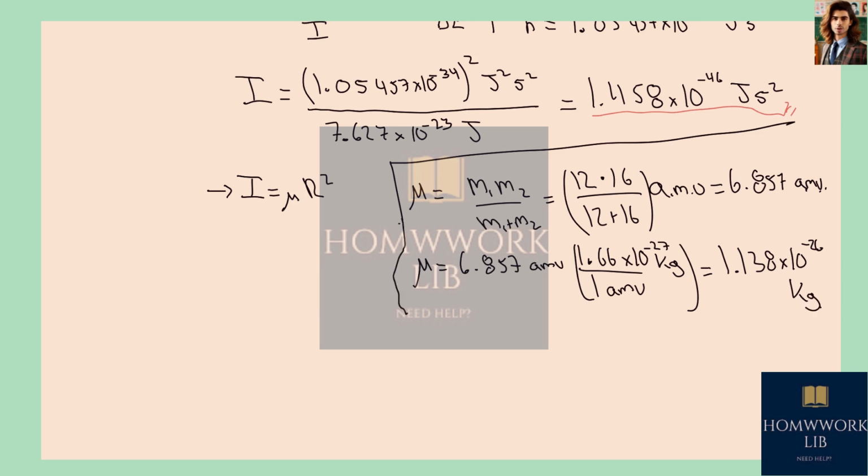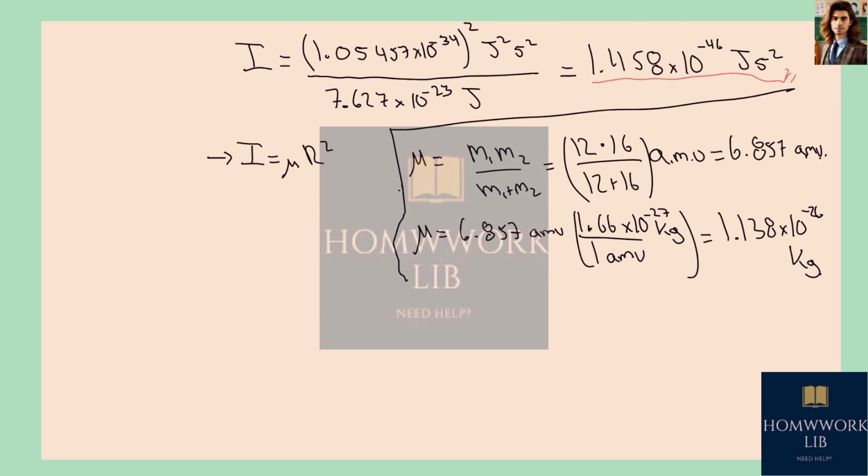Here we're working in International System of Units, but you may want to do everything in atomic units. Just remember that one atomic mass unit is not equal to the mass of the electron.